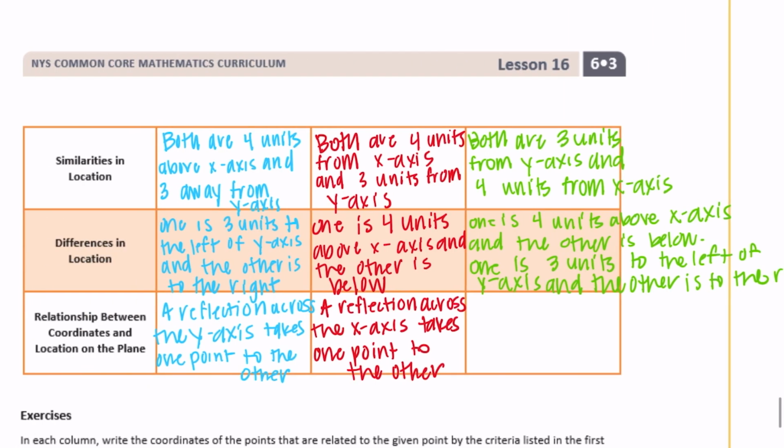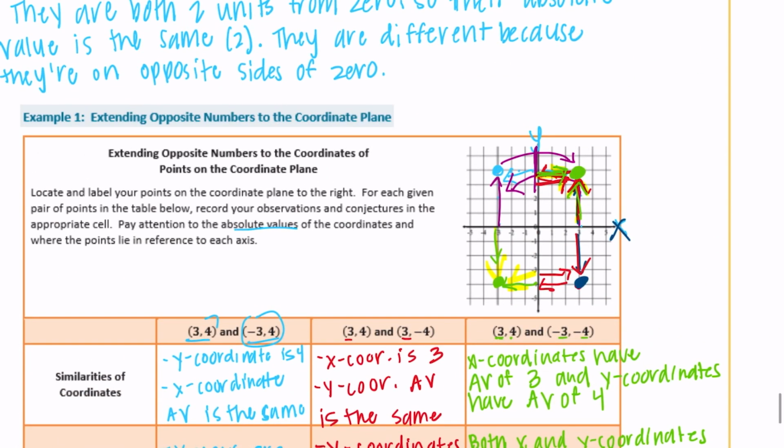And the last one, relationship between coordinates and location on the coordinate plane. So this time we need to reflect twice. So we can reflect across the x-axis, and then we could reflect that one again across the y-axis, or we could do it the opposite way. I know it's getting really crowded over there.